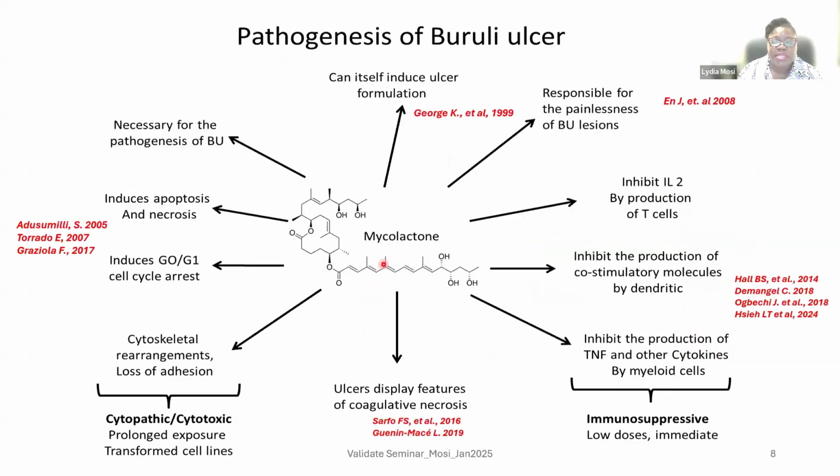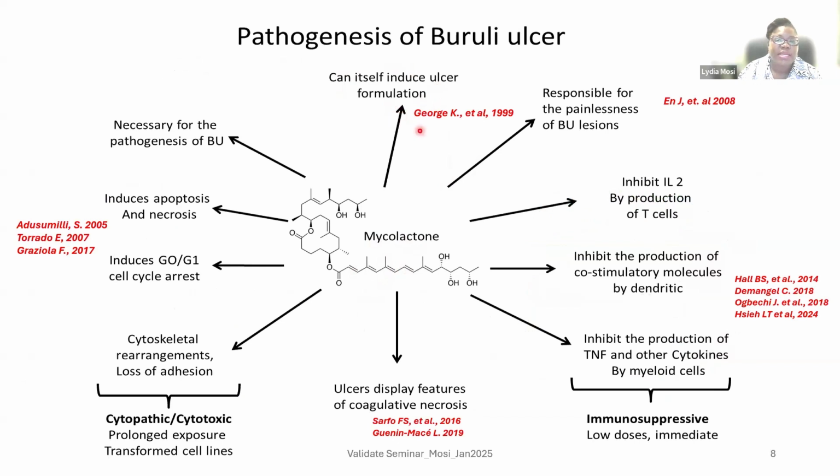Now, I know this slide is busy, but I'm going to try and talk through it to appreciate the extent of the pathogenesis of mycolactone. So by itself, without the bacterium, mycolactone is capable of inducing an ulcer, which is akin to Buruli ulcer lesions.